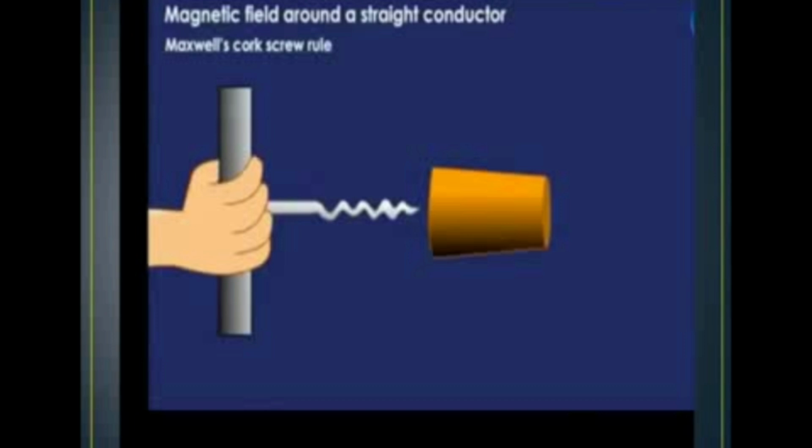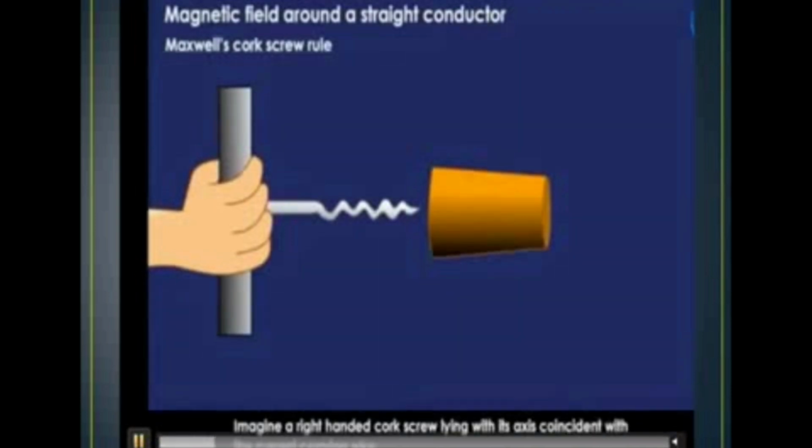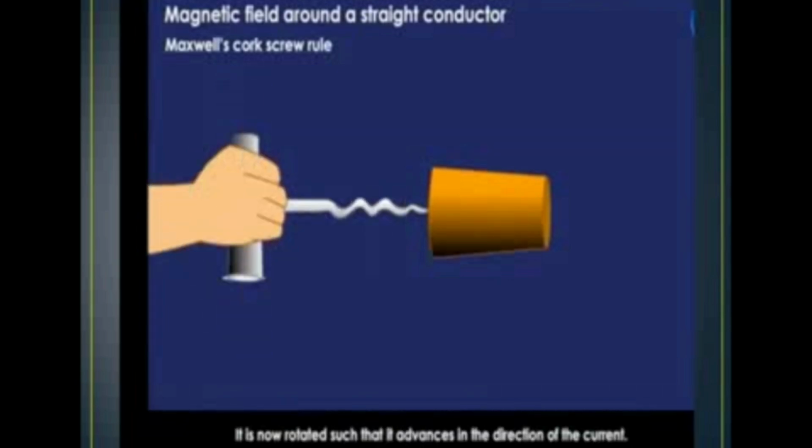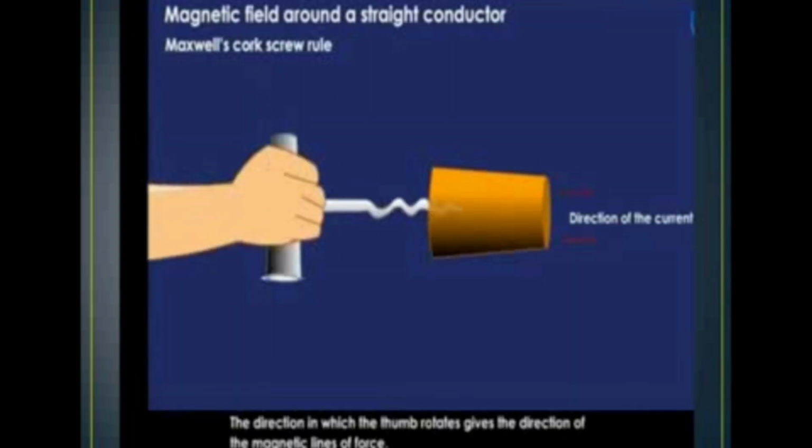First, we have seen the magnetic field around a straight conductor: Maxwell's corkscrew rule. Imagine a right hand corkscrew with its axis coincident with the current carrying wire, inserted into a cork. The direction of advance indicates the flow of current, here moving from left to right.